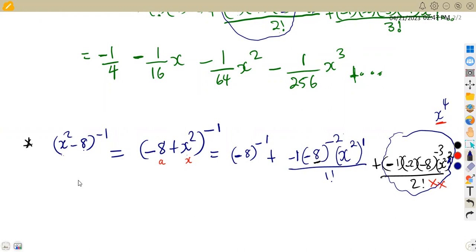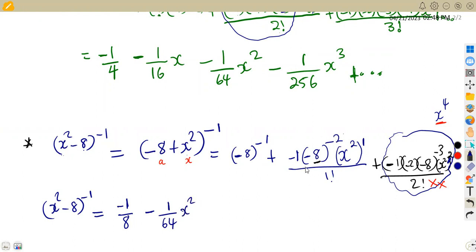All right. So that means this whole part of (x squared minus 8) to the exponent of -1 is going to give us, when we simplify, negative 8 to the exponent of -1, which is -1 over 8. You simplify this just like the previous part, and you are going to obtain -1 over 64 x squared from this part here.